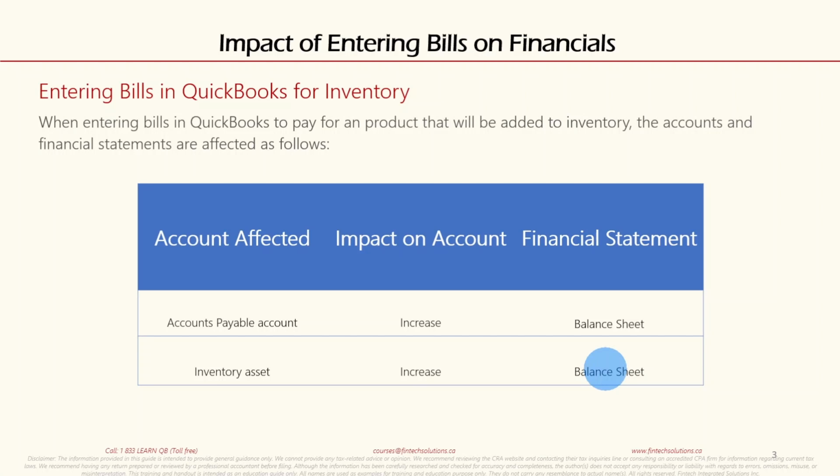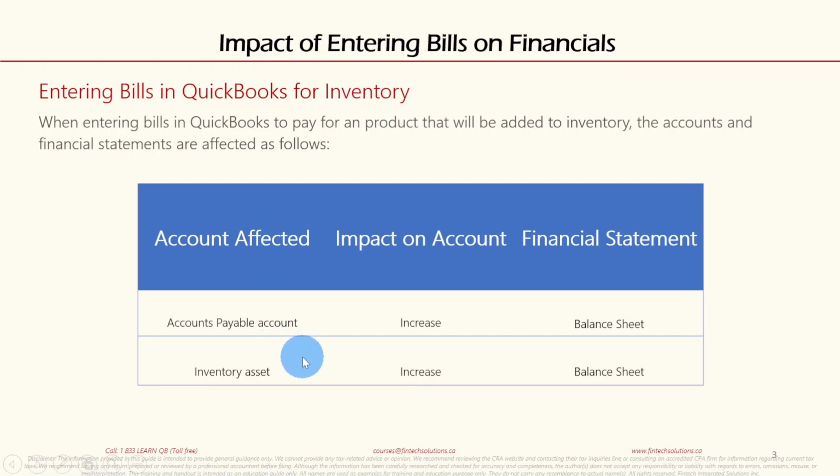Now if instead of inventory you had, let's say, an expense, then of course it will hit the expense straight away, and that is the one that would increase, but the statement over here would be profit and loss. So that's the difference when you are entering the bill for inventory or for an expense.